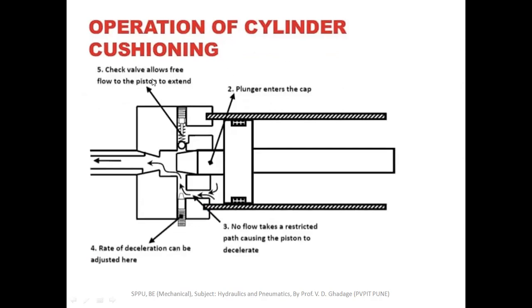Operation of cylinder cushioning: the check valve allows free flow to the piston to extend. See, the plunger enters the cap, this cap. Now the flow takes a restricted path, causing the piston to decelerate. The rate of deceleration can be adjusted here.